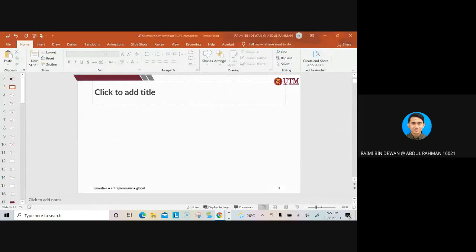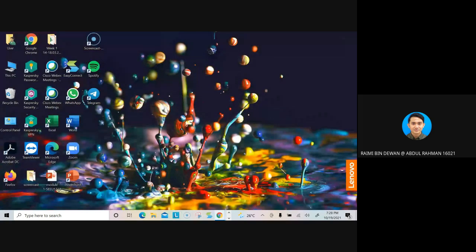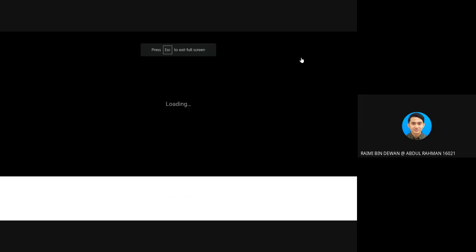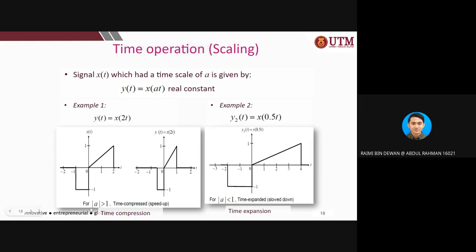Just make sure you write everything correctly and sketch it properly. So there we go for time operation scaling. If a is greater than 1, what happens if a is less than 1?